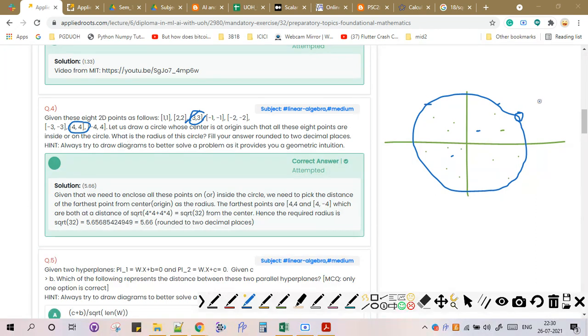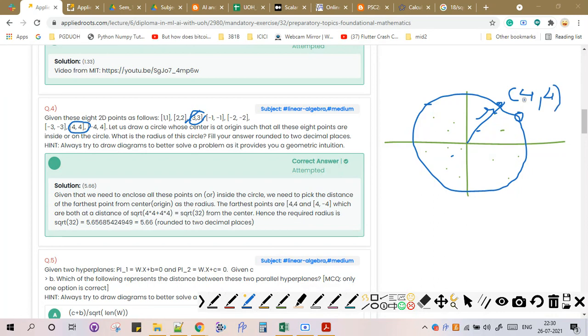So we need to draw the circle with the radius from 0 0 to 4 4. So this should be the radius, right? We can consider either this point 4 4 or minus 4 plus 4. What would be the radius then?